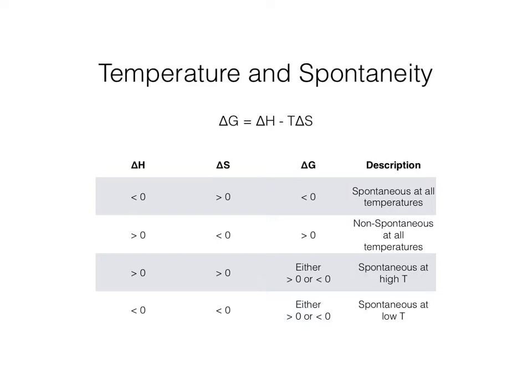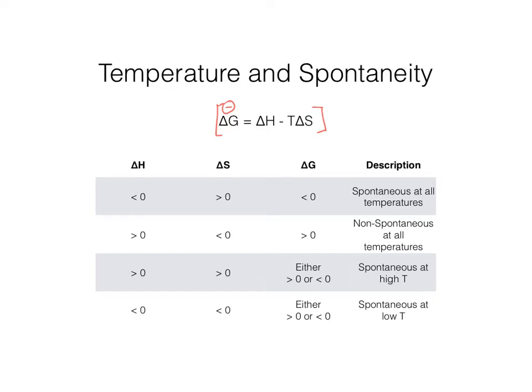So, with this form of the Gibbs free energy, delta G equals delta H minus T delta S, and knowing that in order for a reaction to be spontaneous, delta G has to be negative, we can predict whether all different sorts of reactions will be spontaneous or not at different temperatures.